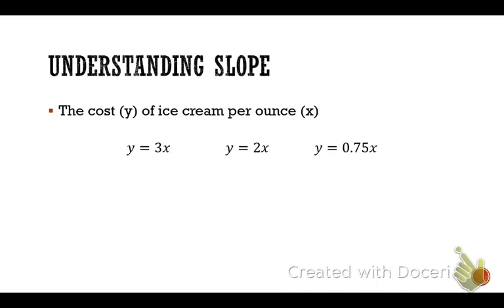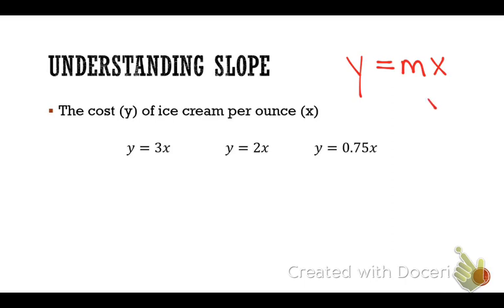All right, so let's talk about this slope. Remember, my format is y equals mx. So what's happening here? Well, let's look. Y stands for the cost, how much money, how many dollars, of ice cream per ounce.